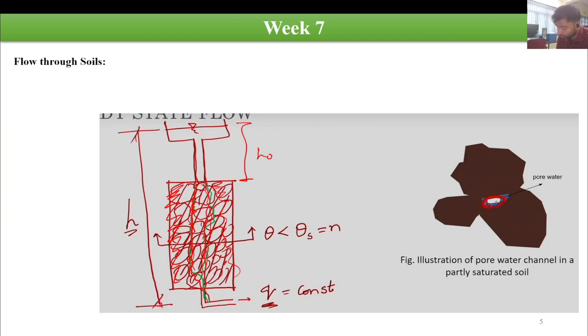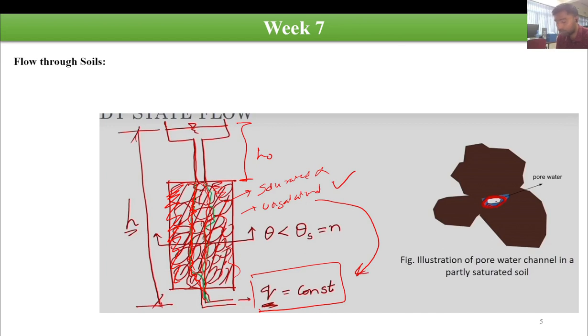Therefore the water is flowing from top to bottom, and a constant flow is observed. So this is not the case of saturated soil but unsaturated soil, but the flow is constant. So steady state flow can also take place in unsaturated soils. This is one of the cases.